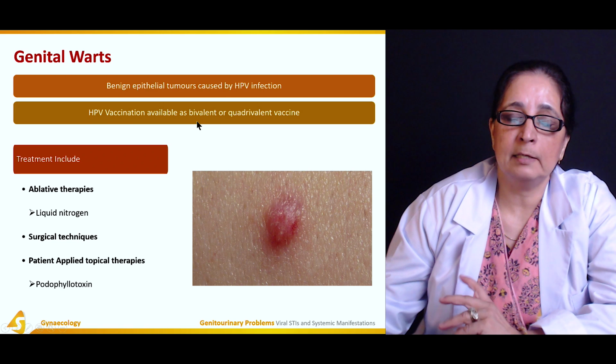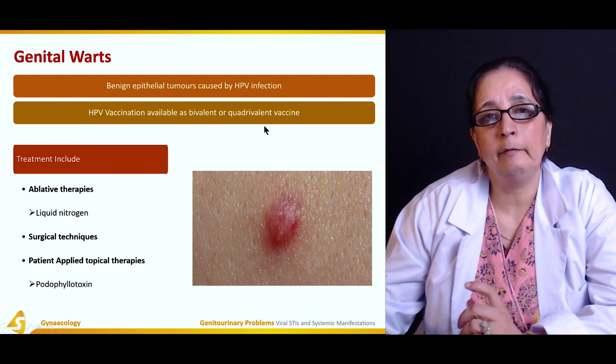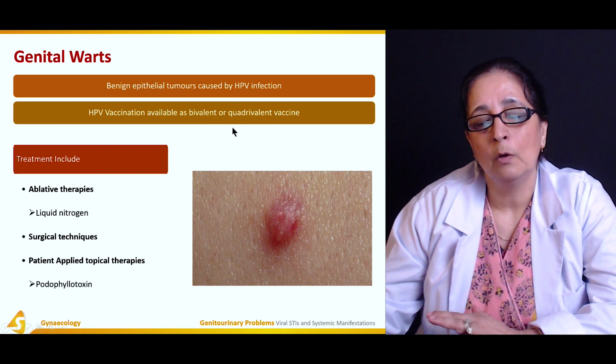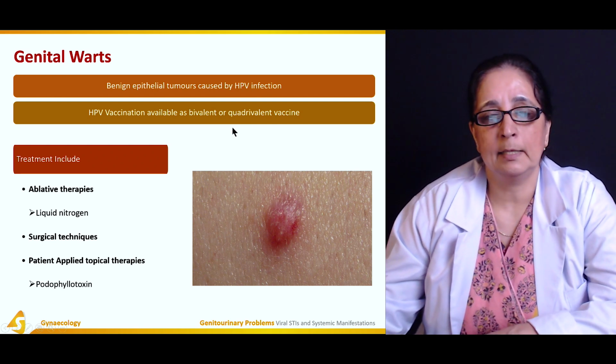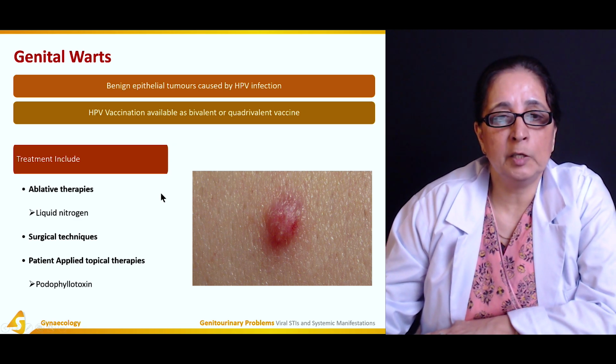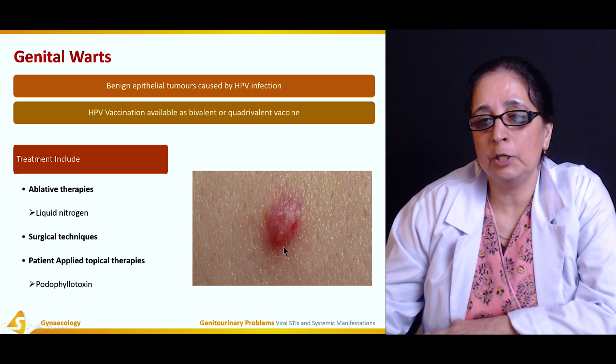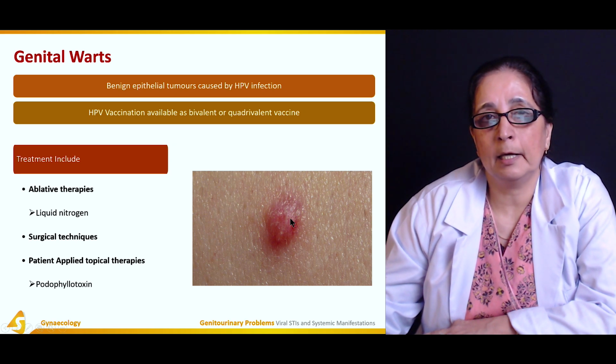Bivalent are effective against 16 and 18 strains, and quadrivalent are effective against all four, 6, 11, 16 and 18. Other treatment includes ablative therapy, in which liquid nitrogen is applied to this wart, and that can burn it or remove it.